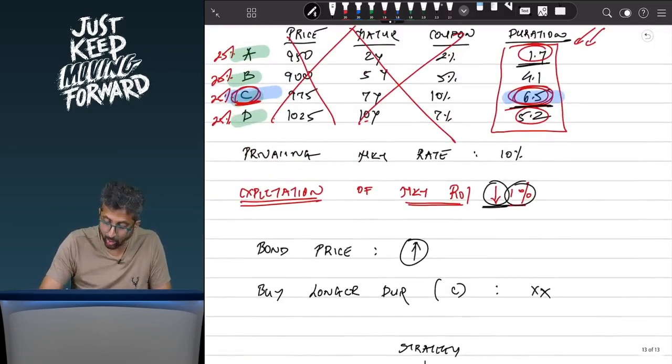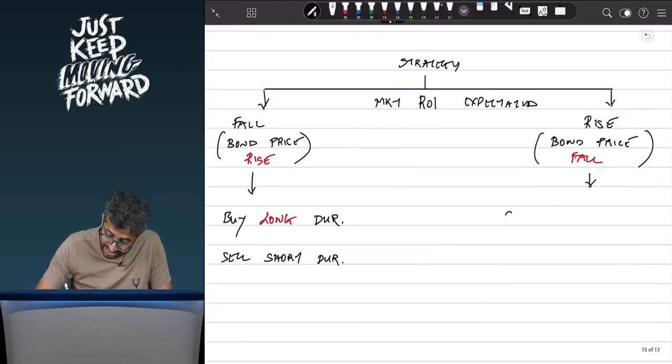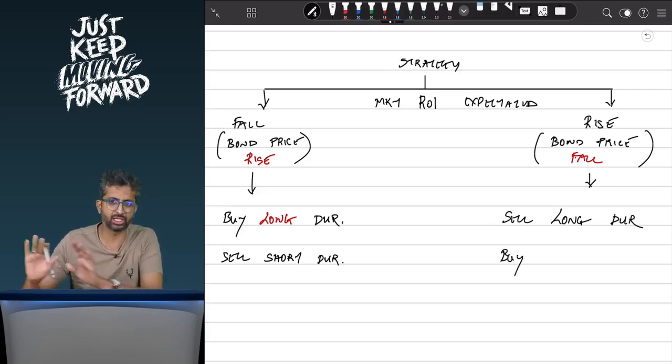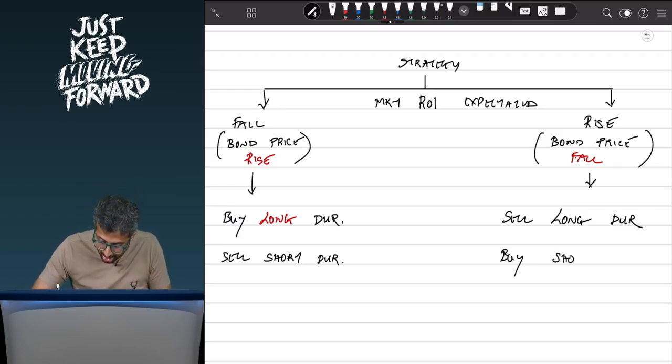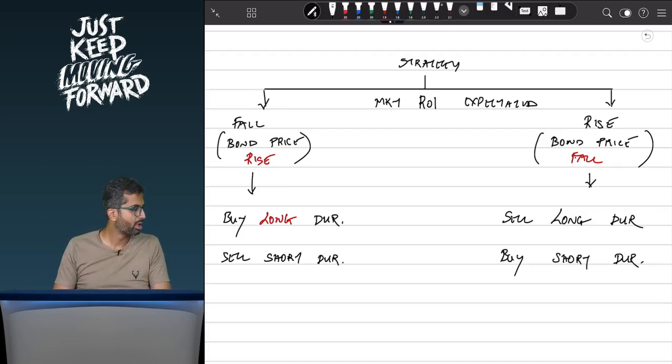Shorter duration bonds will fall by only 1.7%. So we will sell the longer duration bonds. And if I have to invest in bonds, I can keep that money idle in cash as well. But if I have to invest in bonds, buy the safer or the shorter duration bonds. Are we clear with this?